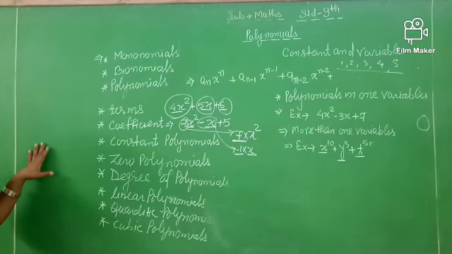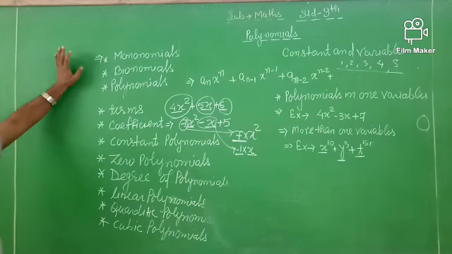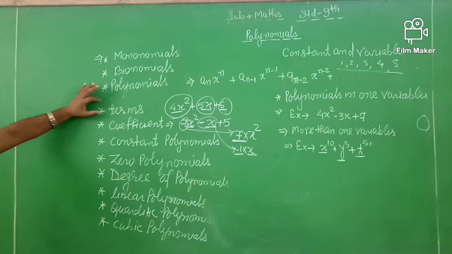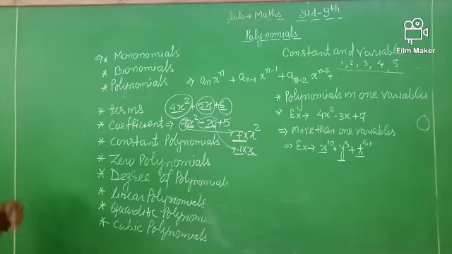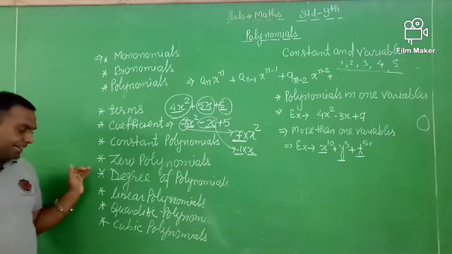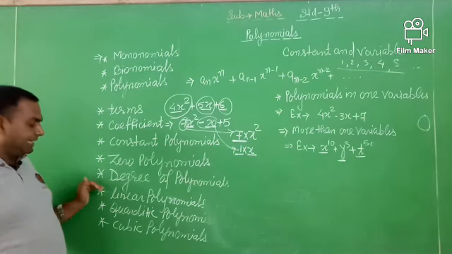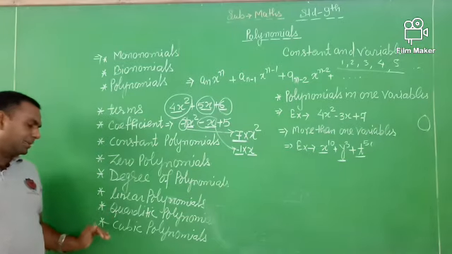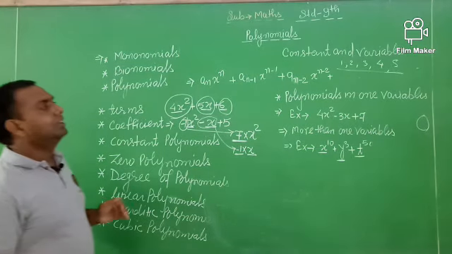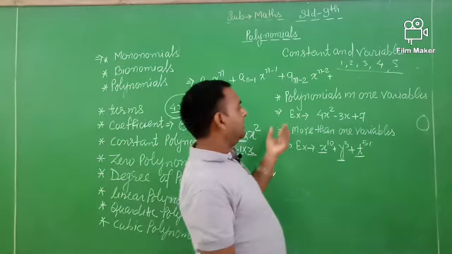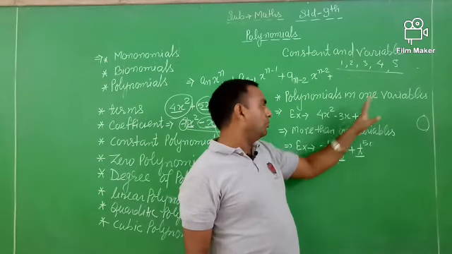First we talked about polynomials: what is a polynomial? Second, terms. What is a term? Next, coefficient. What is a coefficient? Next, types of polynomials, degree of a polynomial, linear, quadratic and cubic polynomials, constants and variables, and polynomials in more variables.